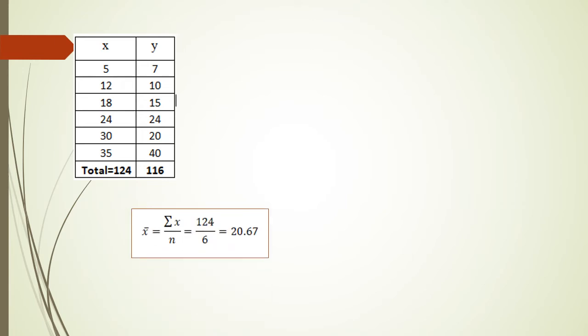Then we calculate the mean x bar, that is summation x by n. In this case it is 124 by 6 equal to 20.67. Similarly, we calculate the mean y bar, summation y by n, and in this case it is 116 by 6 equal to 19.33.